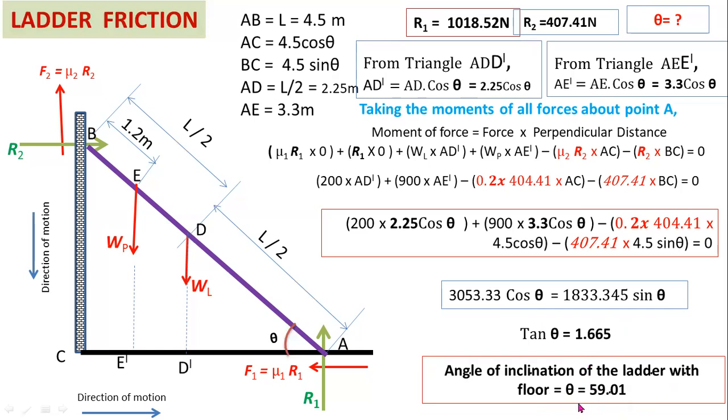This is the angle of inclination of the ladder with respect to the floor, and this is the final answer for this problem. Here R1 equal to 1018.52 newtons and R2 equal to 407.41, these two are the reaction forces, and this one is the angle of inclination of the ladder. So these three are the answers for this problem.